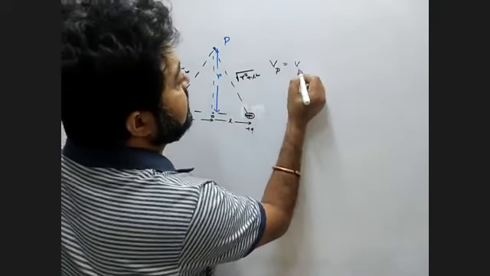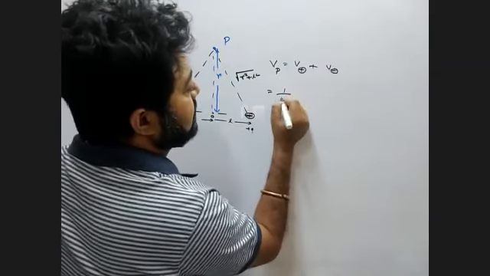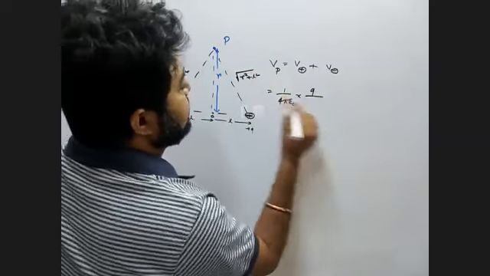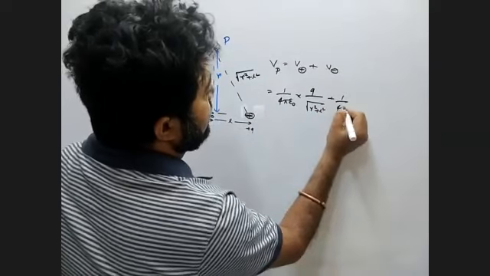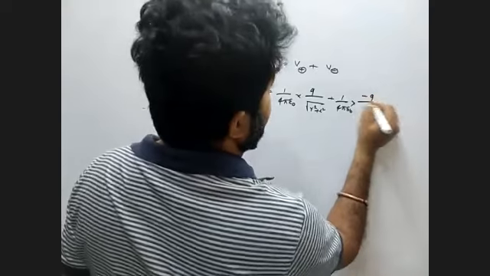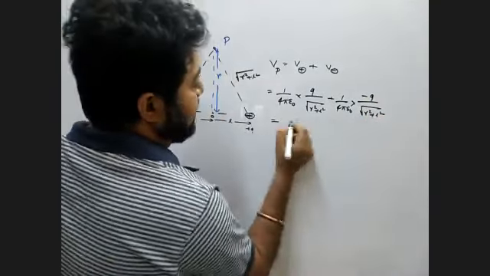Potential at P, that is potential due to the plus charge plus potential due to the minus charge: 1 by 4 pi epsilon naught, Q by root under R square plus L square, plus 1 by 4 pi epsilon naught, minus Q by root under R square plus L square, equals plus and minus, 0.